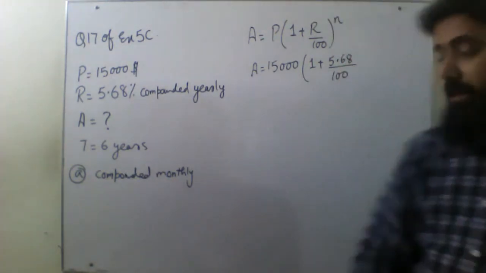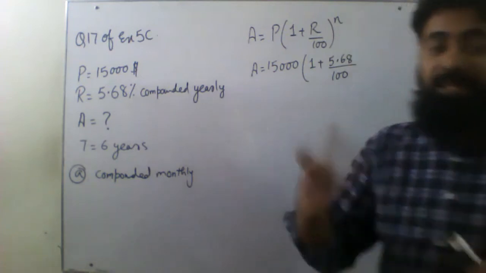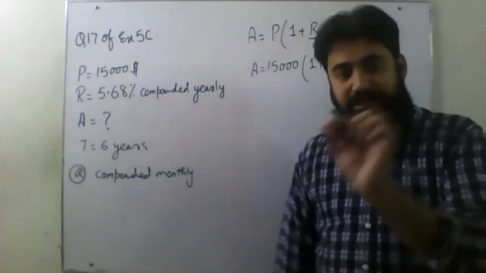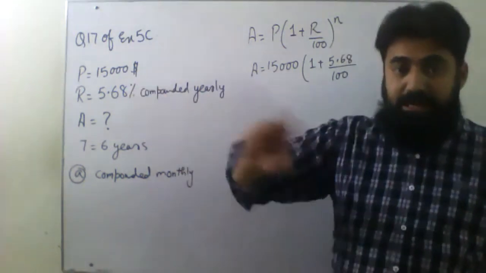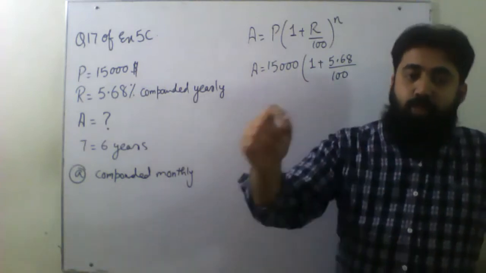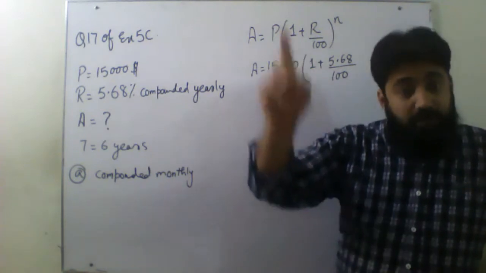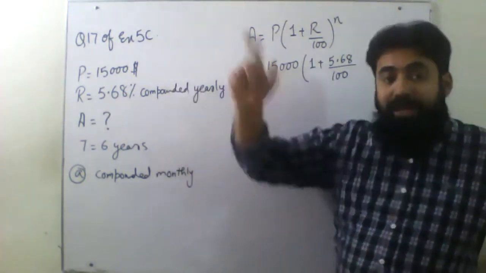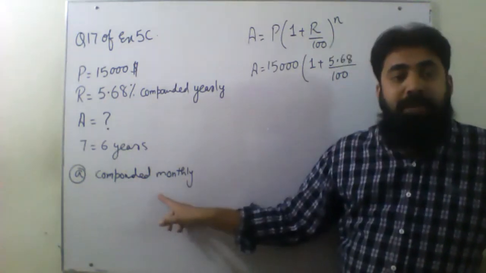This is the most important thing because it is compounded monthly. Sometimes they say the percentage is compounded yearly or annually, which means the interest is applied when the amount is kept for 1 complete year. Over here, the interest for the whole year is given, but it will be compounded on a monthly basis.